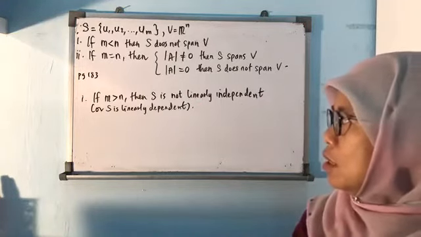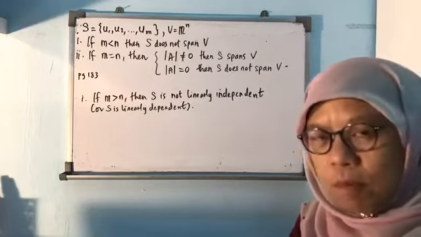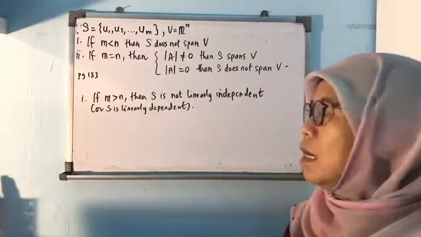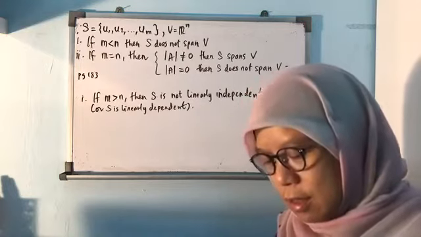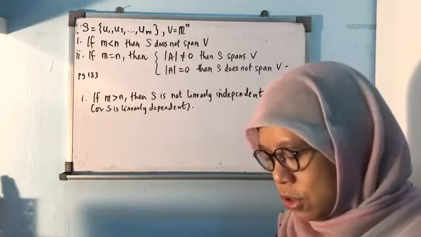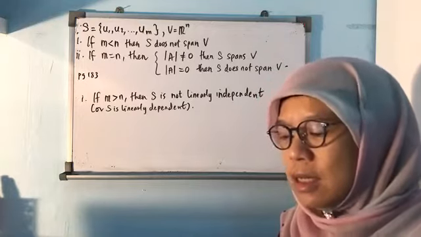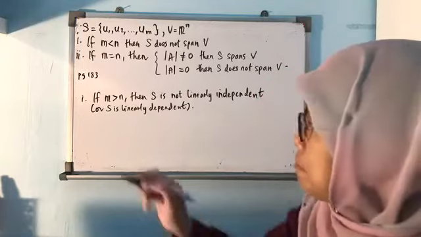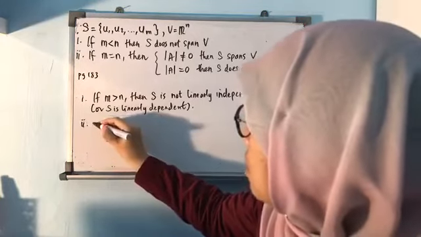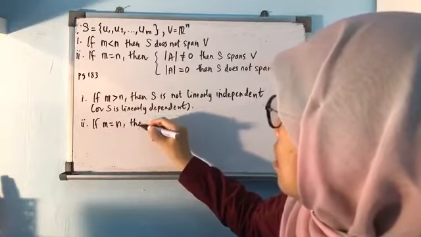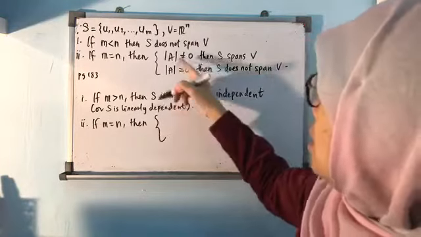Okay, so if you go back to our examples earlier, cari yang M bigger than N, then all those examples you will see that they are linearly dependent. Okay, and for the second one, if M is N, then again A ni datang dari mana?